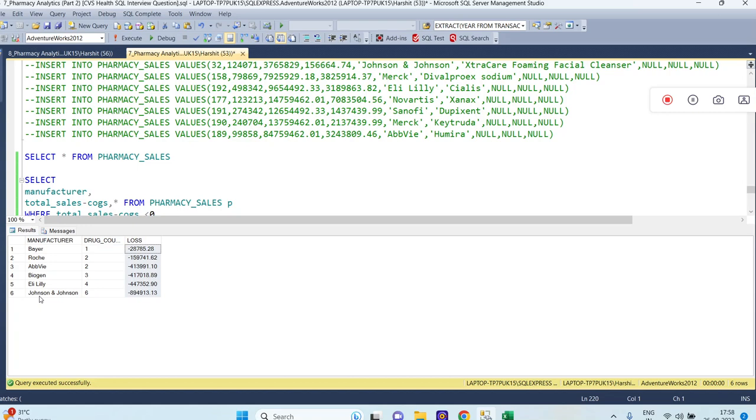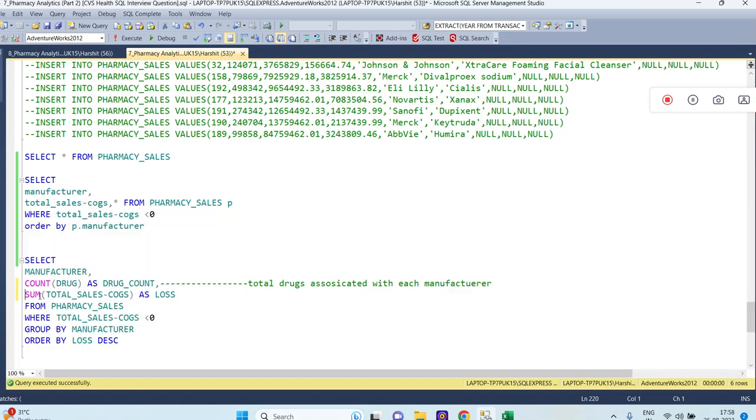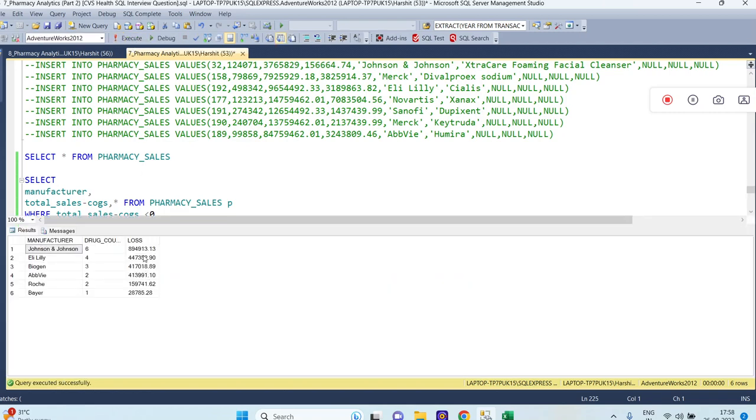So what we can do is use the absolute value. So if we use the absolute value, then the losses appear as positive, not with the minus sign.